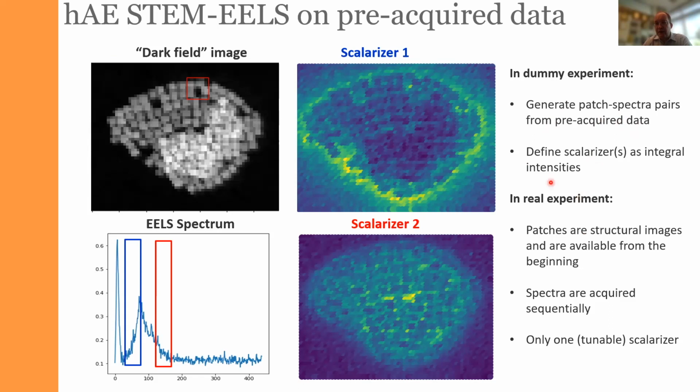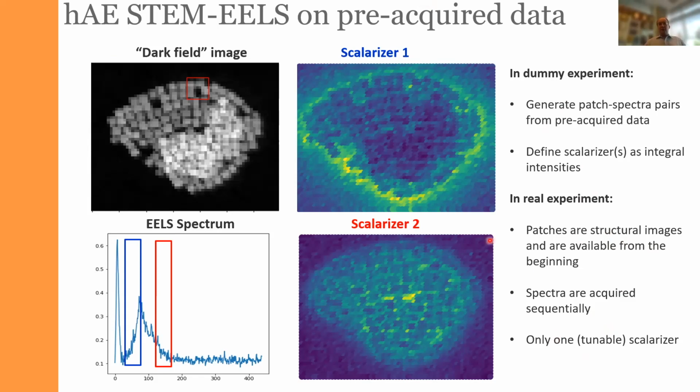The good thing about dummy experiments is that we can run the same experiment many times and see what the difference is going to be. For example, we can change the scalarizer, we can change the acquisition. On a real microscope, we will not be able to do it because if we run the automated experiment several times, by the end of it, we simply will not have a sample. So in a real experiment, comparatively, we have all the patches from the beginning, spectra acquired sequentially, but we get to do it only once.